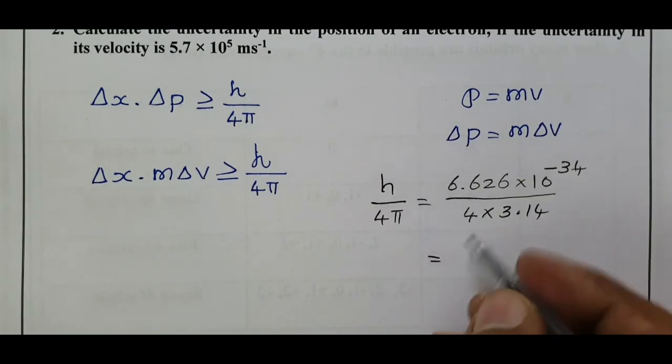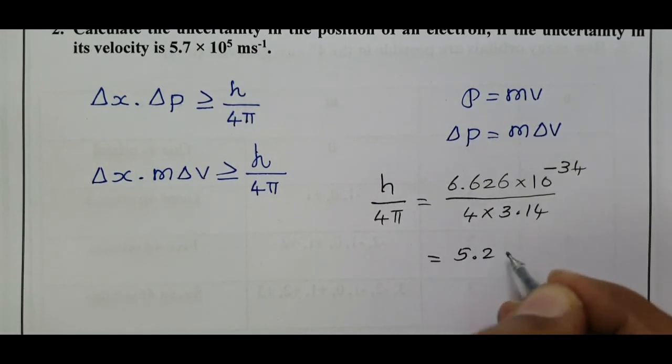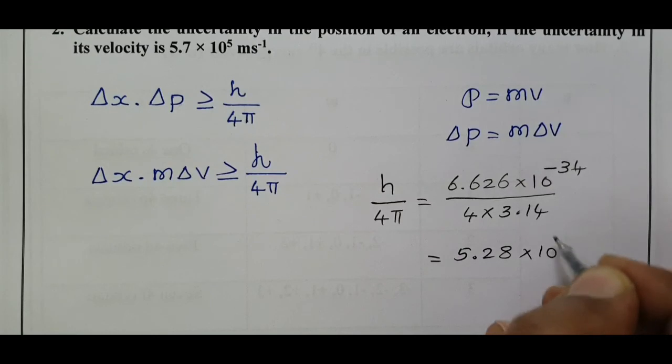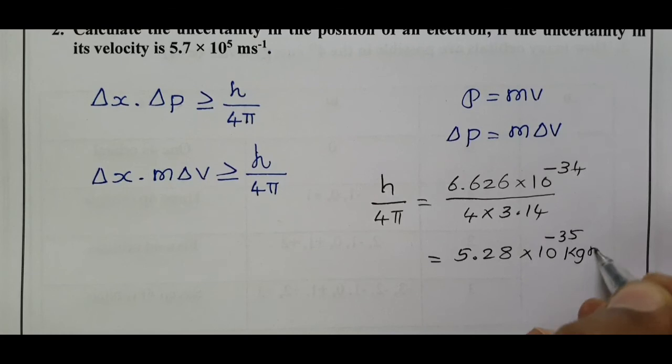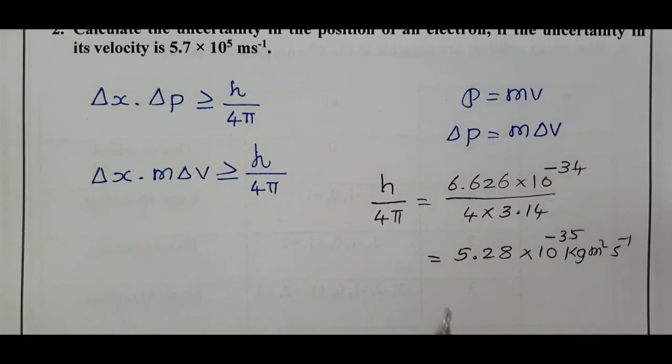When we solve, you will get 5.28 into 10 power minus 35 kilogram meter squared second power minus 1. This value is a constant value. So, whenever you solve the Heisenberg problem, remember this value: 5.28 into 10 power minus 35 kilogram meter squared second power minus 1.